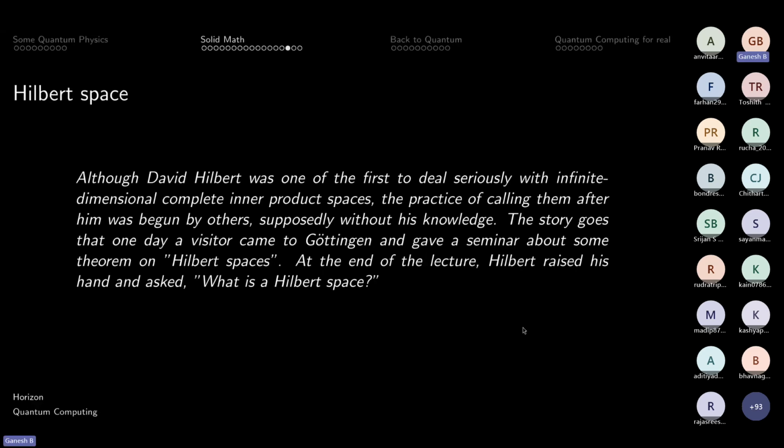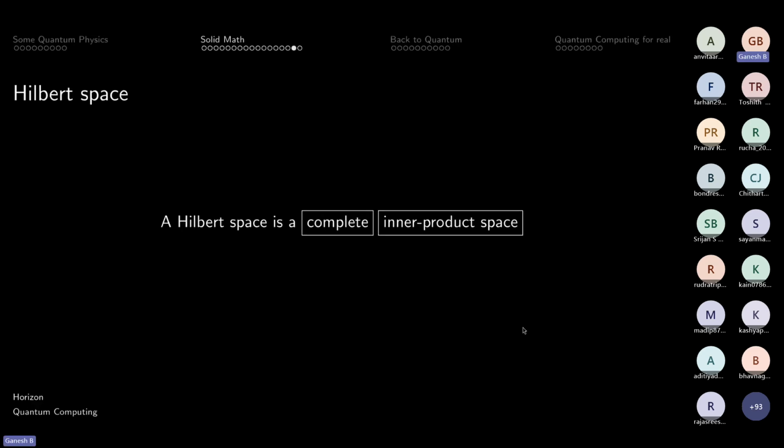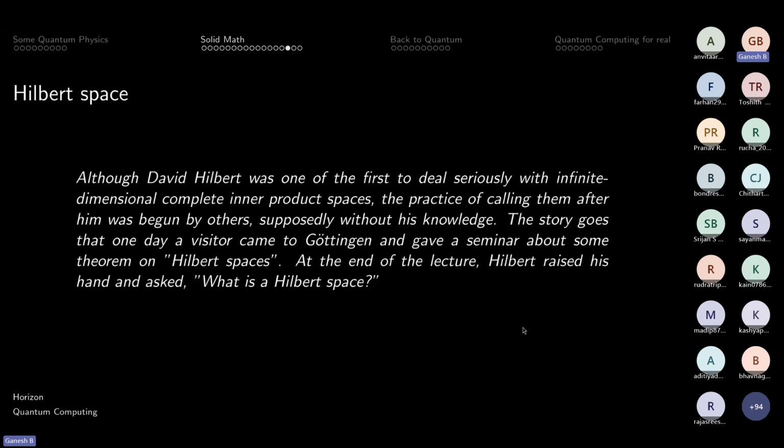But the real definition of a Hilbert space is just a complete inner product space. There are two new terms here, and now we are in a position to define them in terms of whatever we just defined. An inner product space is nothing but a vector space with a definition of an inner product. The inner product definition I gave is very rough.